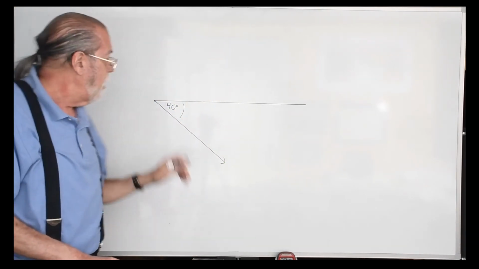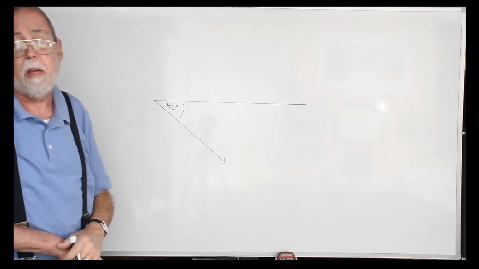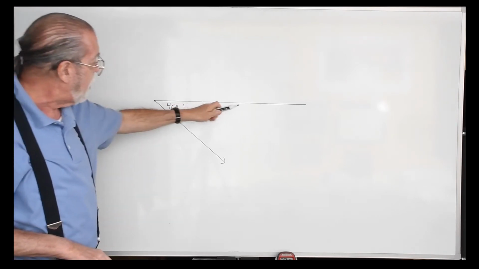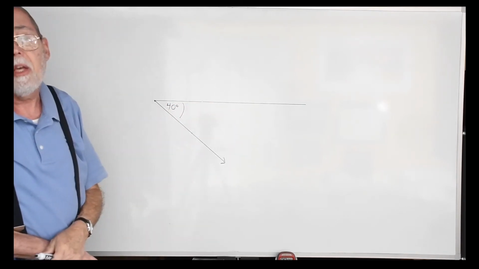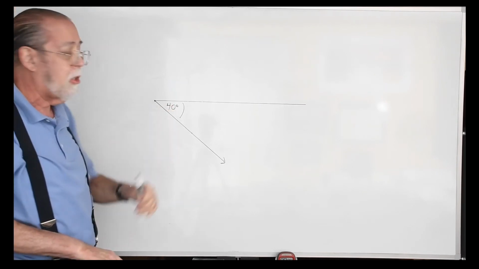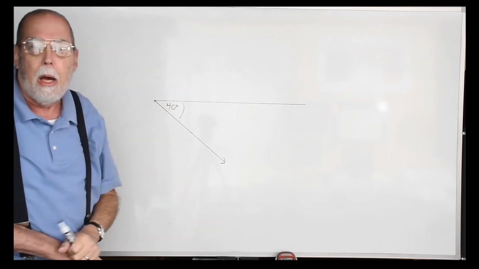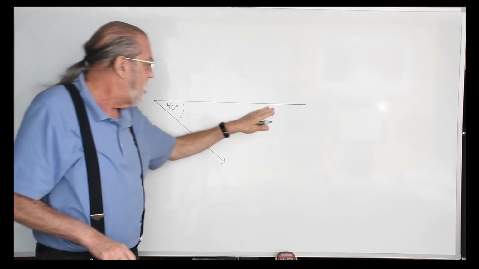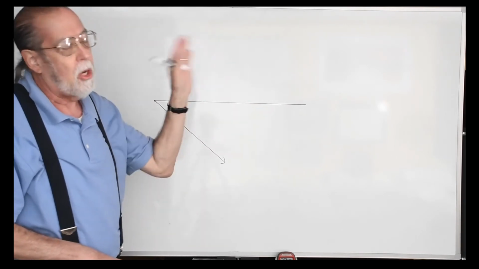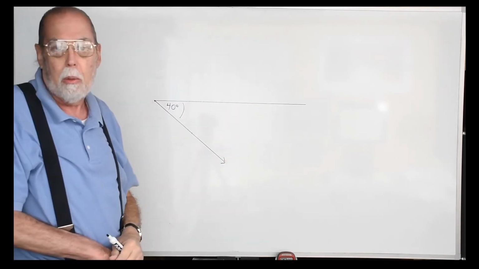Okay, I don't label it as negative 40 degrees, I just label it as 40 degrees because it's obvious it's below the plus x-axis. I always use positive labels on my angles because the diagram shows whether it's above or below.